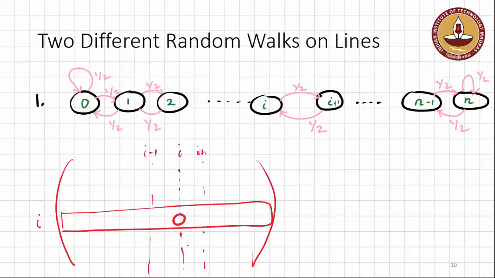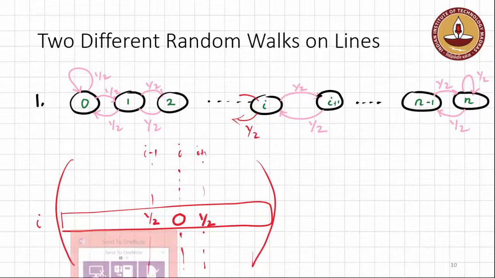But if you look at the probability of transitioning to I plus 1, that's a half. And moving backwards to I minus 1 will again be a half. Okay, so the probabilities in any row will add up to 1. So clearly this is a stochastic matrix.